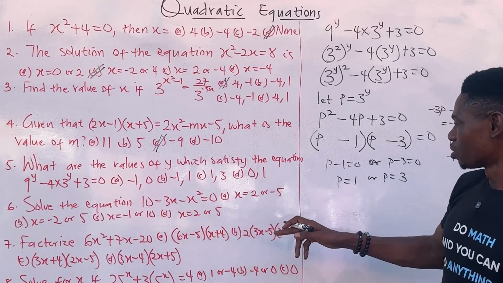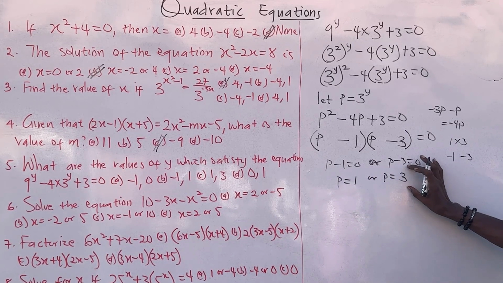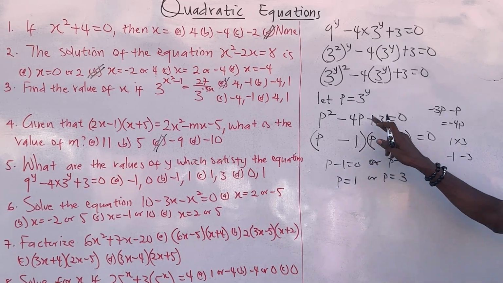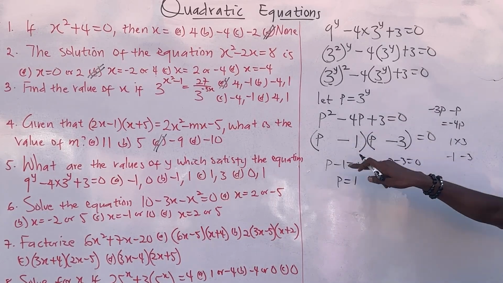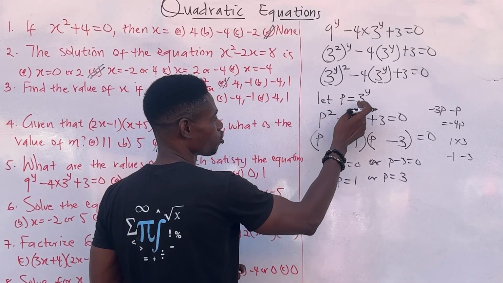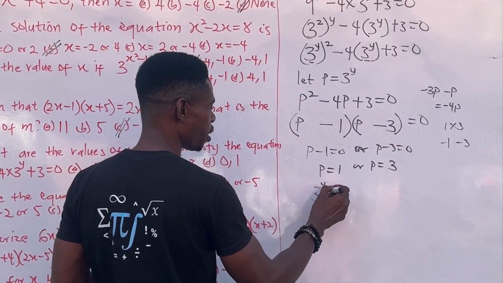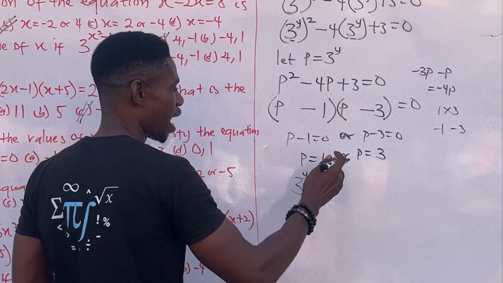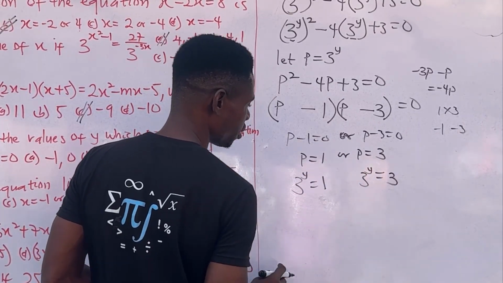But unfortunately, these are the values of p, and we're not asked to look for p, we're asked to look for y. So we introduced p ourselves, so we'll go back to the original y. Remember that p is equal to 3 raised to the power y. So in the first case, 3 raised to the power y is equal to 1. And in the second case, 3 raised to the power y is equal to 3.